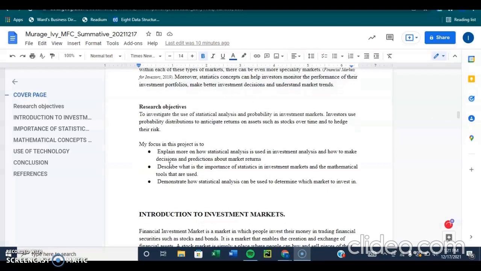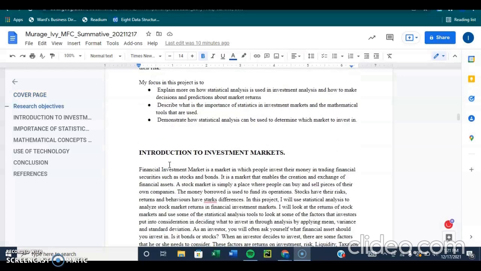My research objective is to explain how statistical analysis is used in the financial market and its importance in the financial market. I'm also going to use a technology to demonstrate how statistical analysis is done in a particular technology.